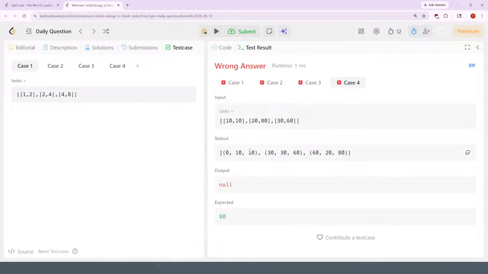So there's 0 excess here. So in theory, this is what I want to end up with. And then there's 30 excess here. Ten plus 30 is 40. 40 is smaller than 60. So I need to bump it up to 60. But of the 60 here, I'm just using 40 of it.